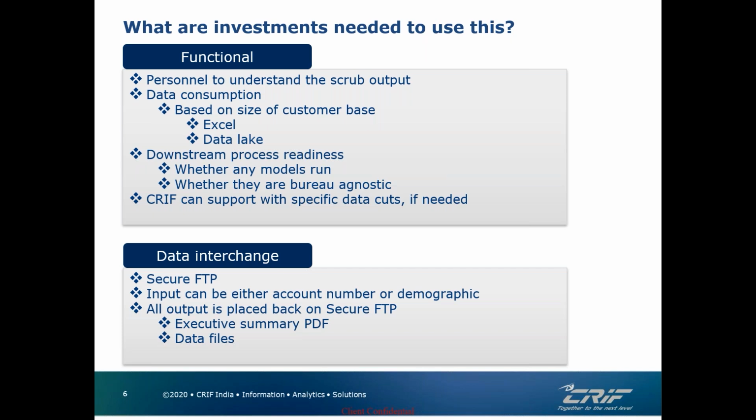So it's an example of a data cut that we have supported with to enable the segmentation and to help customers to actually use this data. We can of course support this.